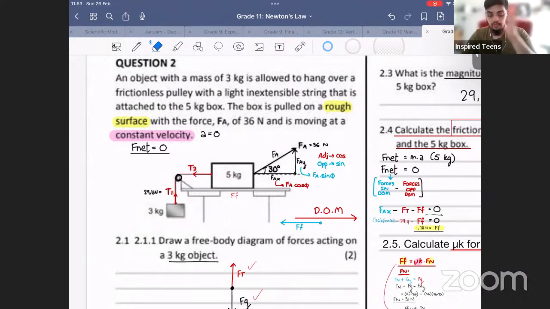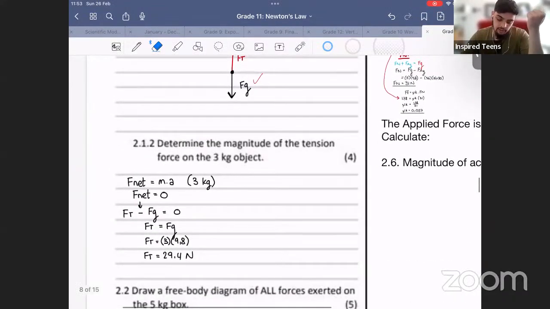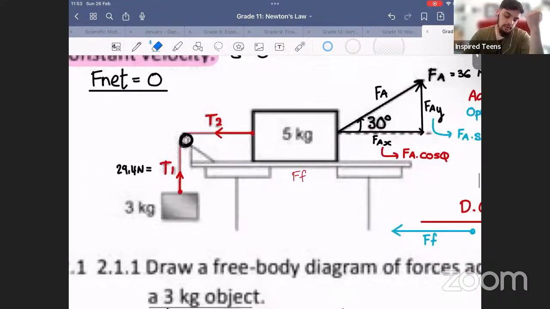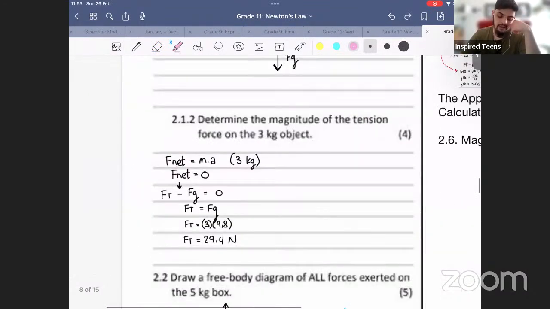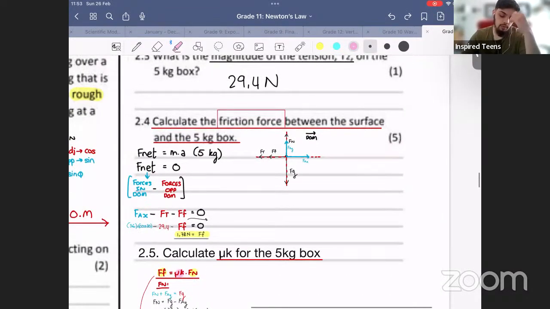The 5 kg object is moving to the right. The 3 kg object is moving up. We did free body diagrams. We could calculate the tension just using one of the objects, because it just has two, up is equal to down type thing. And free body diagrams are the main questions.